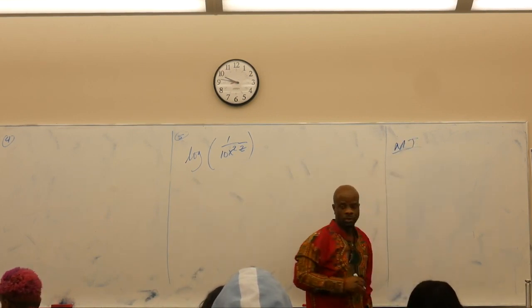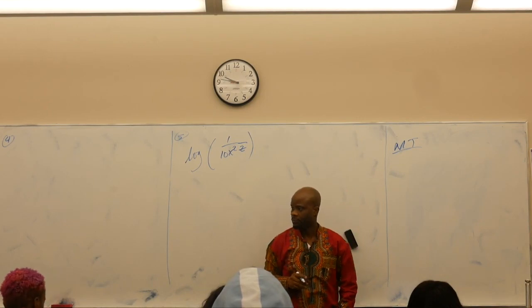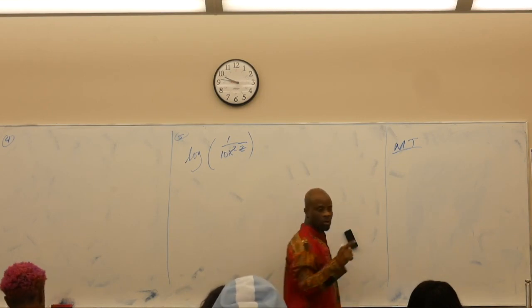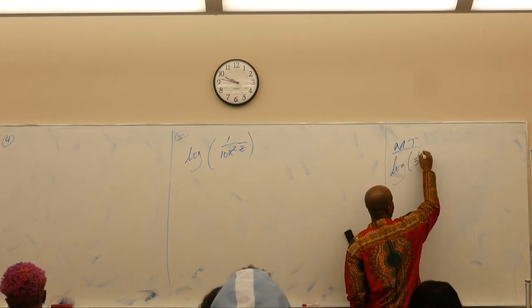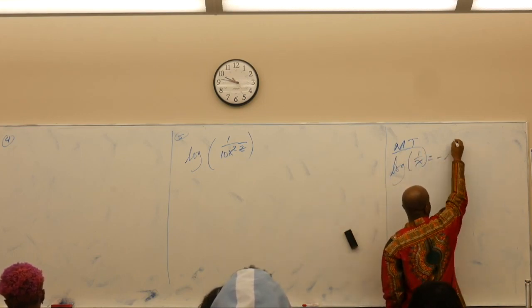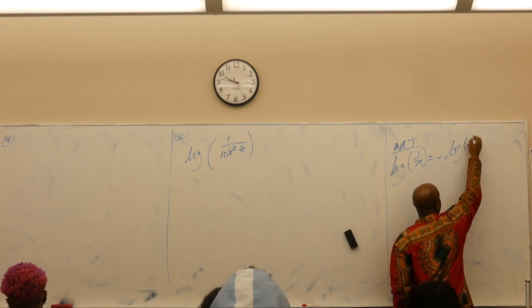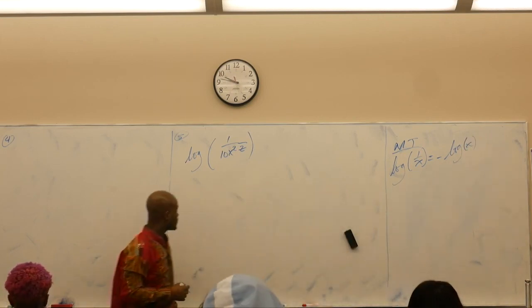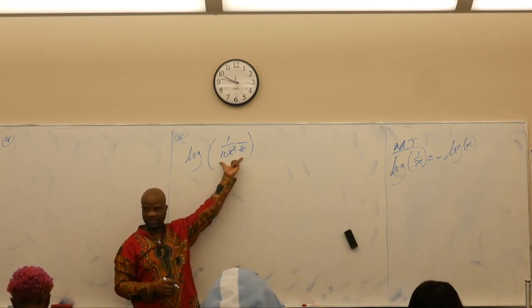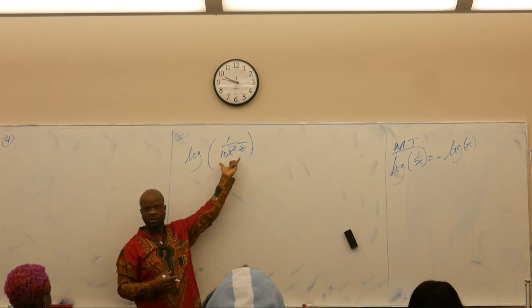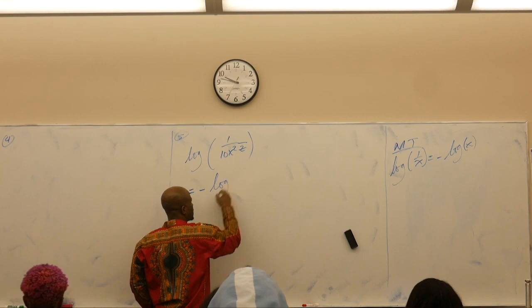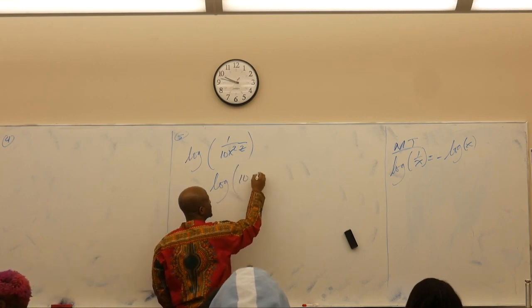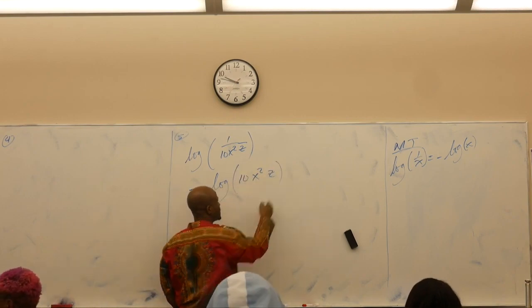There's a property that we use that says 1 over x is the same as negative of that, right? So here's our entire x, right? We could do that. So this is the same as negative the log of 10x squared z.